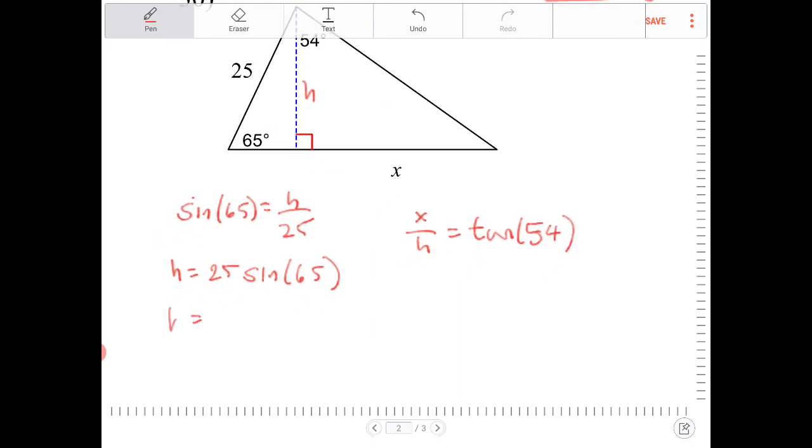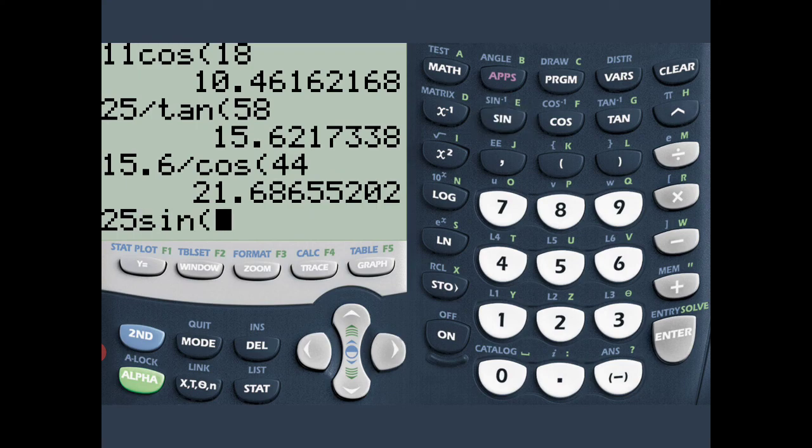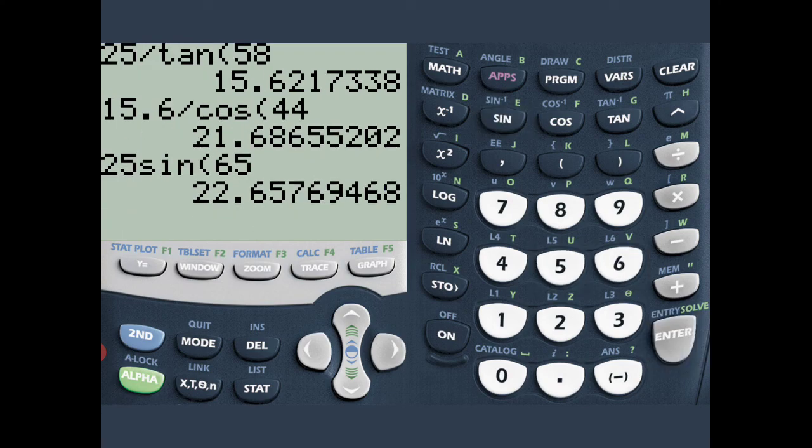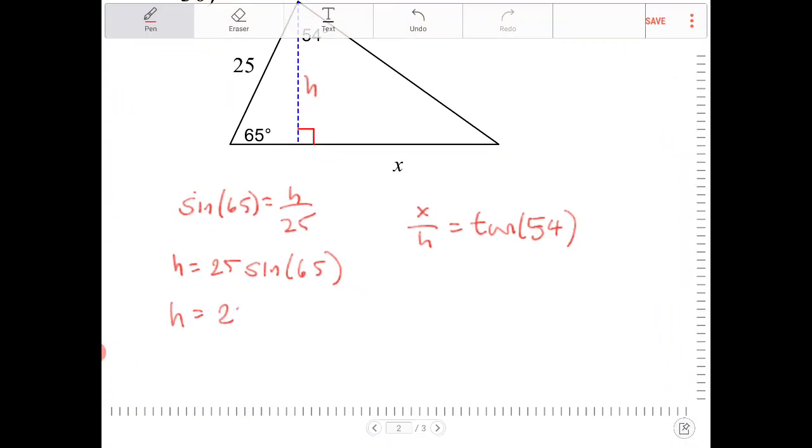I need to figure out what H is, so I can substitute that into the second equation I wrote there. 25 sine 65, what is that? That is 22.7, because they said to round to the nearest tenth in the intermediate step. So X over 22.7 is equivalent to tangent of 54.